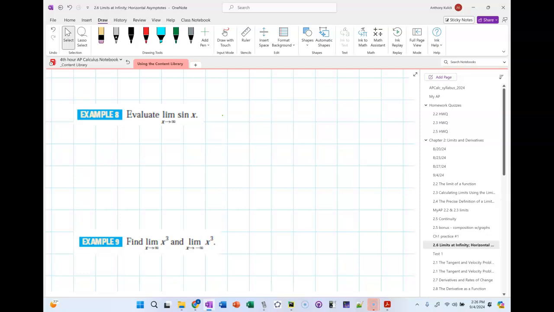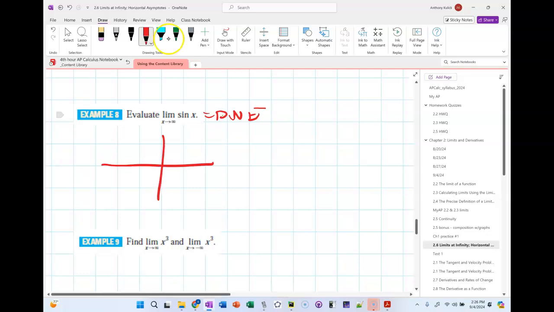What is that going to mean then? Close. In limit land, we don't say undefined. We say does not exist. Right, because we know that sine is just going to oscillate up and down, up and down, up and down. It's never going to settle down to a single value. It's always going to bounce back and forth between negative 1 and positive 1. Just going to keep going forever.